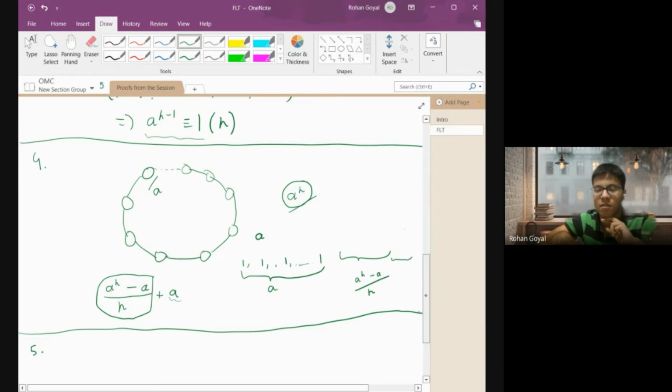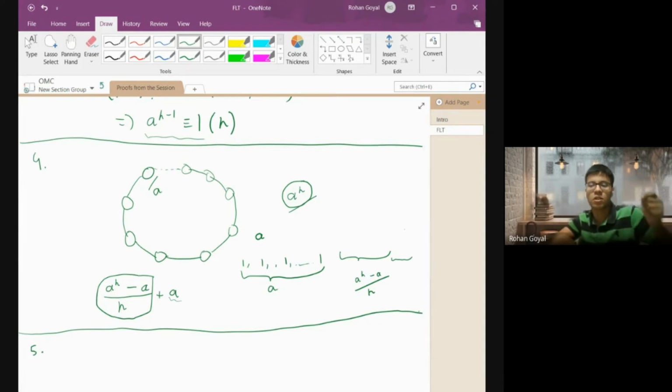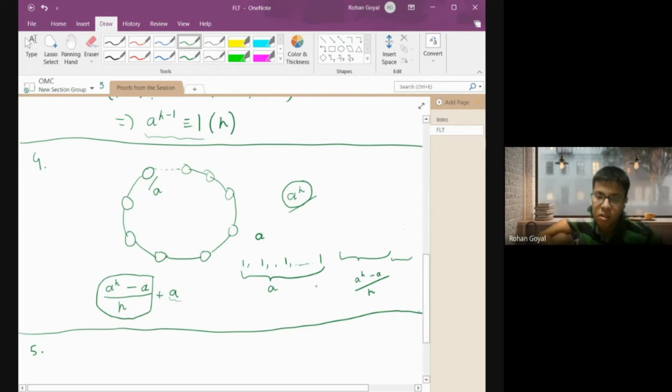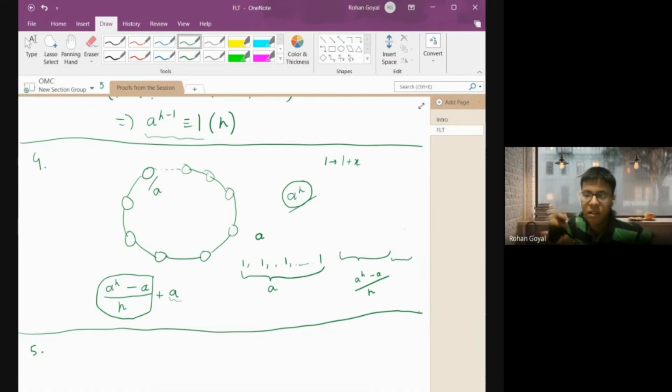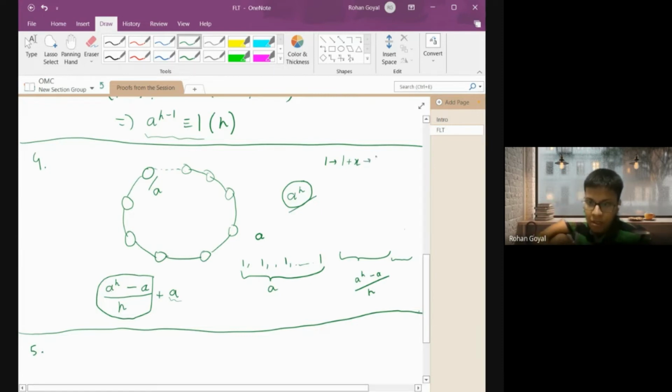And this is the part where we care it's a prime. On rotation, I'm getting a new thing means what? The first bead goes to the 1 plus xth bead if I rotate by x, right? So if it does not change in the rotation, 1 and 1 plus x must have the same color. 1 plus 2x must also have the same color. 1 plus 3x must also have the same color.